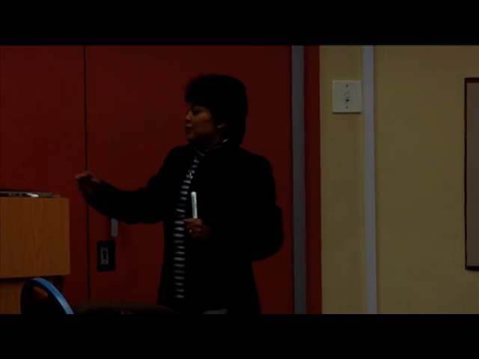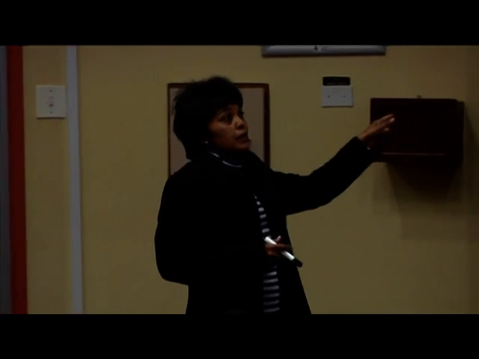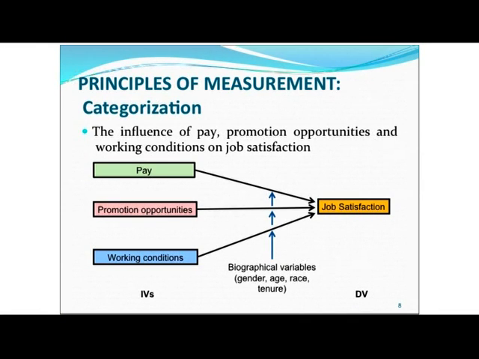What does this mean? Just to put it up pictorially, that's the influence of pay, promotion opportunities, and working conditions on job satisfaction. That's our theoretical framework, and that is what we are happy with for the context in which we're going to study it.